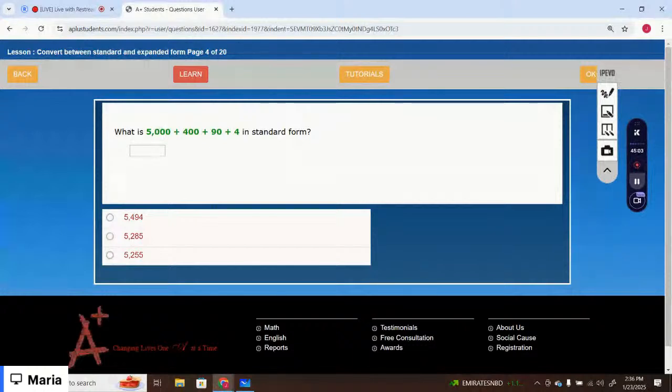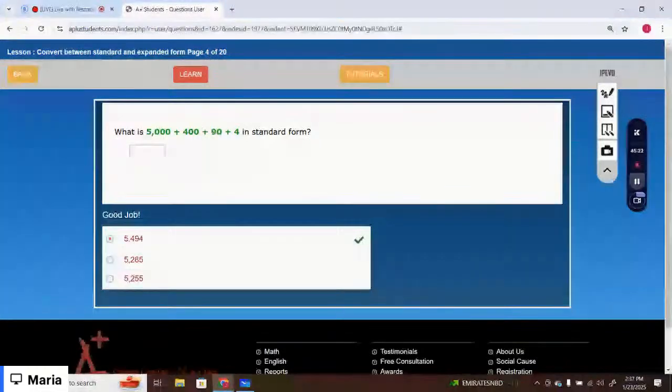What is 5,000 plus 400 plus 90 plus 4? Option number 1 is the correct option.